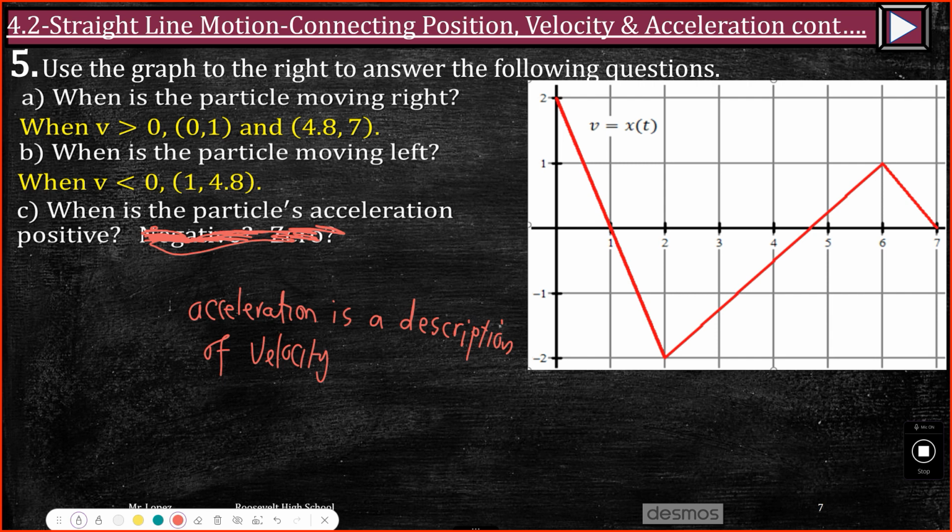This is velocity. So we're looking at it in another way, how we looked at increasing and decreasing. That would be position. Velocity describes position. Now acceleration describes velocity. So it's the rate of change of velocity.